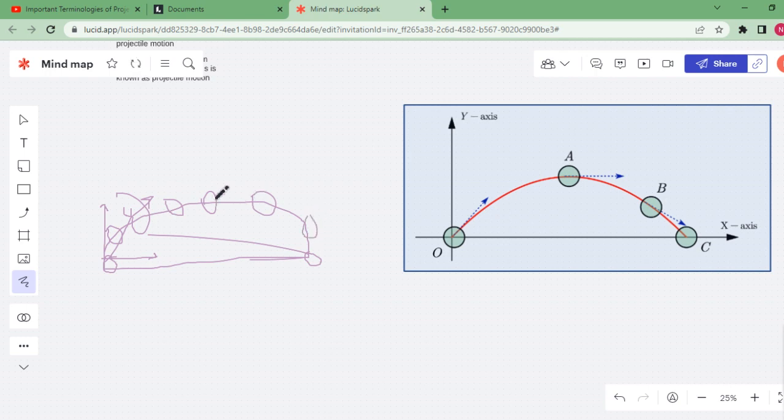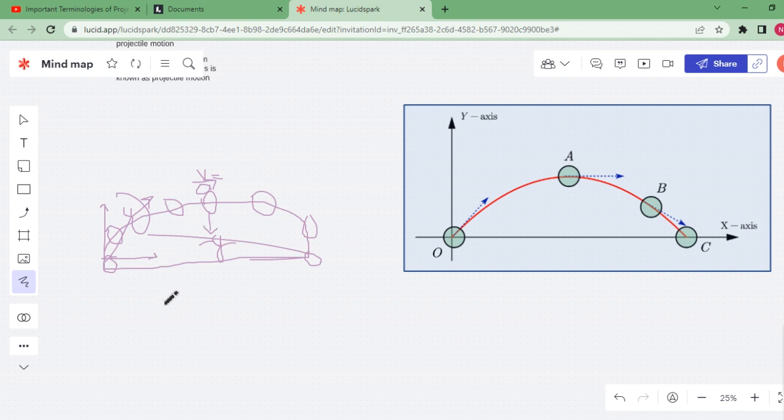So here the velocity of the body is variable, which means the acceleration is minus g in the vertical direction, while in the horizontal direction the acceleration of the body is 0 and it's moving with constant velocity.